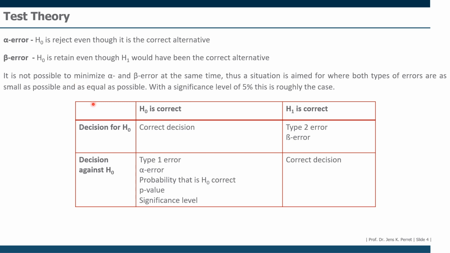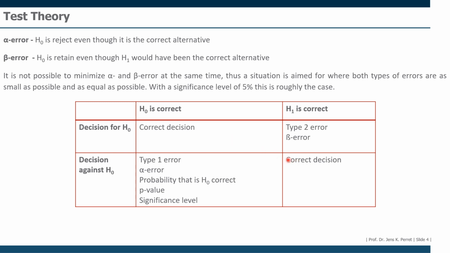But before we get there, well, why is the alpha error actually the most critical error? Well, if H0 is correct, we could have two situations. We test, we decide for H0, that's good. If H1 is correct, we test for H0, we decide against H0, that's also correct. So no problem in those two cases.